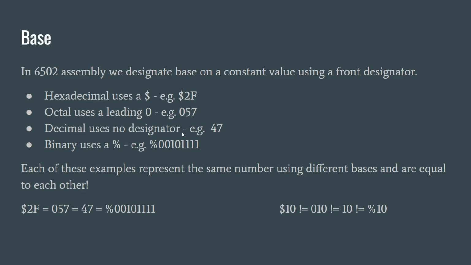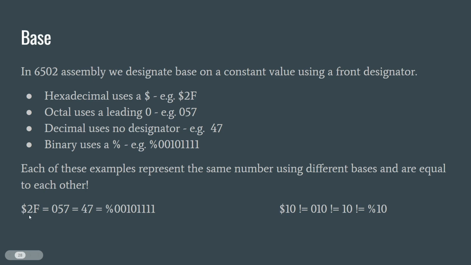In decimal, there's no designator, it's just 47. And in binary, there's a % sign in the front. So %00101111. And if you did the math, which you didn't, but if you would have done the math on each of these, you'll see that each of these numbers above represent the same number.